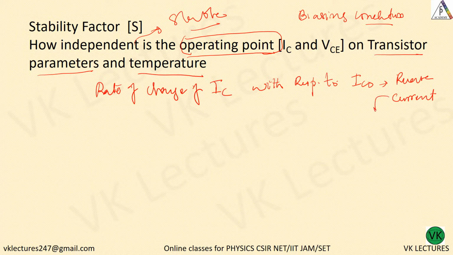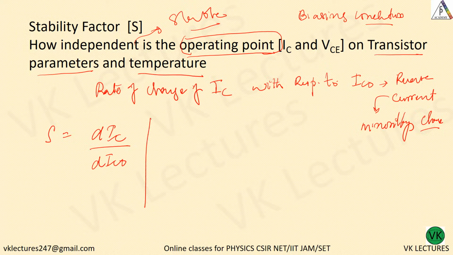This is happening due to minority charge carriers. So it is a small current, but this will tell you whether our circuit has better stability or not. Now S is equal to dIC with respect to dIC naught.